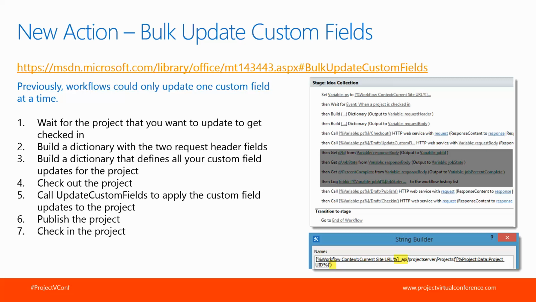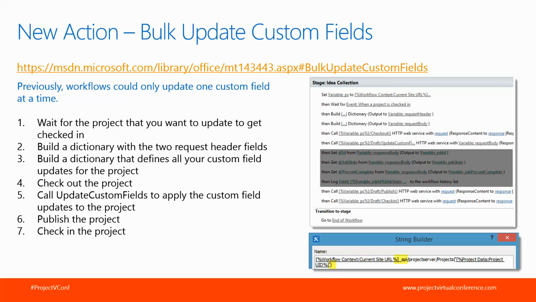I represent this just on one slide with a link to the MSDN article. It provides more details, but generally the process is, as I mentioned earlier, you need to wait for the project to be checked in. You build what's called a workflow dictionary object to store the HTTP header requests, just some built-in fields when you're doing HTTP requests.